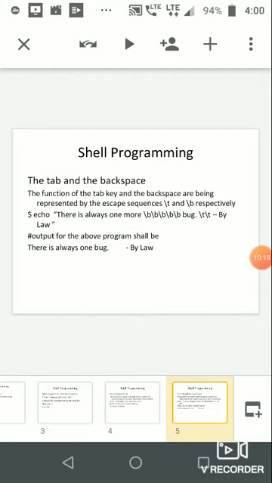Now here let us take an example, that is, let us take that example: dollar echo "There is always one more". This is a portion; actually here we are writing one single sentence like the previous examples. Then there are a lot of \b.